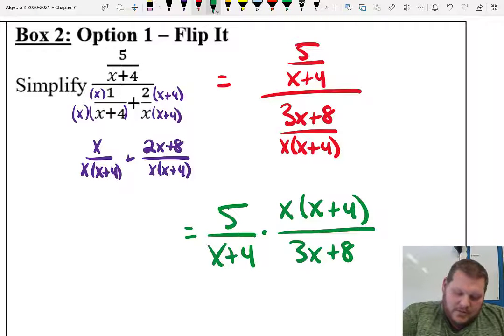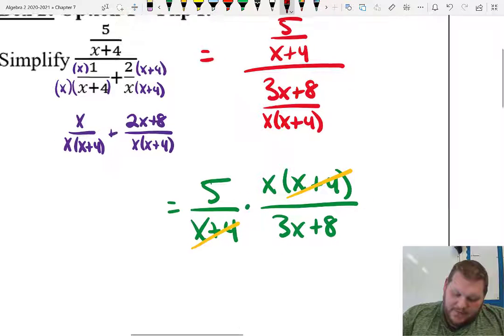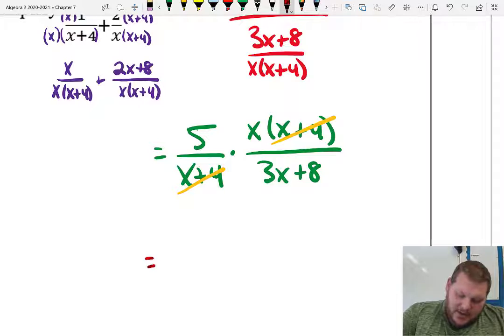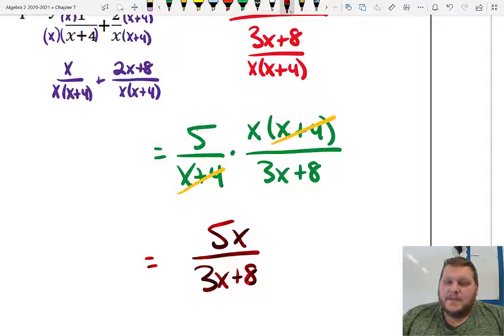And now I can just simplify like I did in 7.1. I'm multiplying here, so I can see I've got x plus 4s in common, and that's all that cancels. So my final answer, after I've multiplied them together, up top I have 5 and x. Down below I've just got that 3x plus 8. So that would be my final simplified answer.